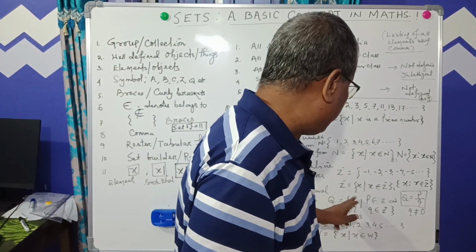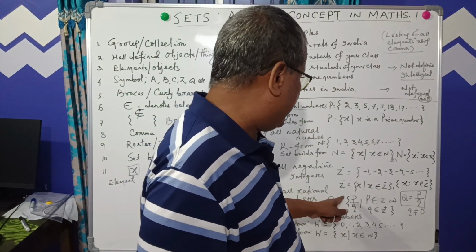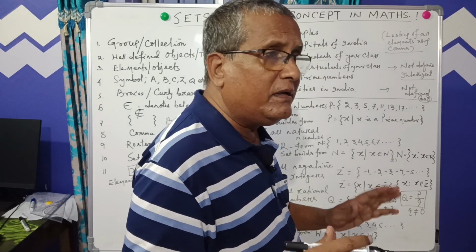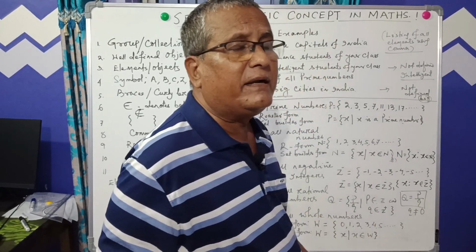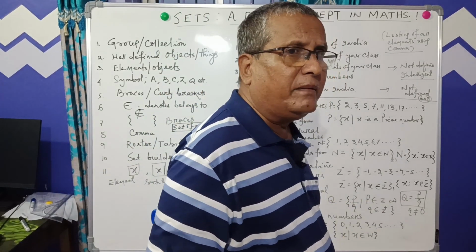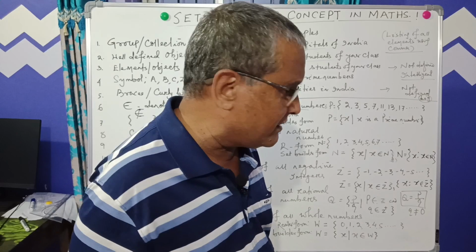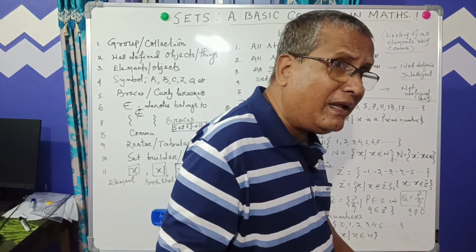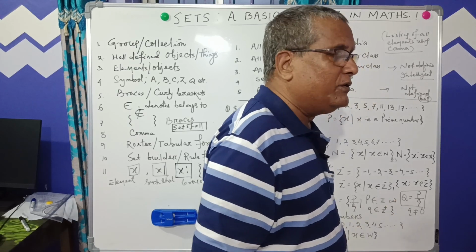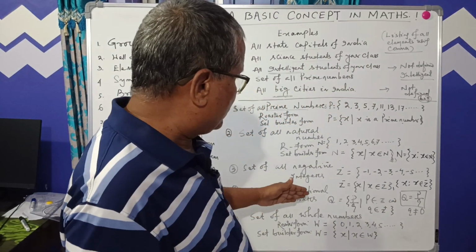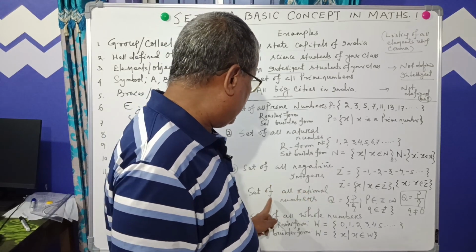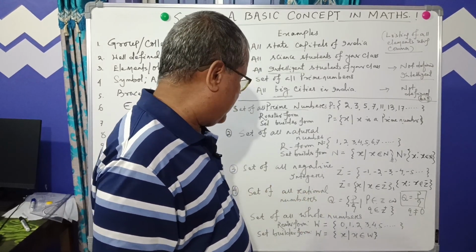So the condition is that p by q is an element of set Q such that p belongs to Z, the set of all integers, and q belongs to the set of positive integers, excluding 0. You see, 0 is not here. This is the rule method by which we can represent the set of rational numbers.